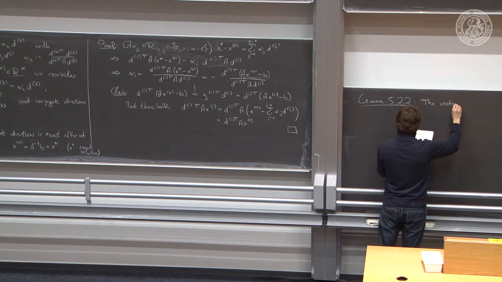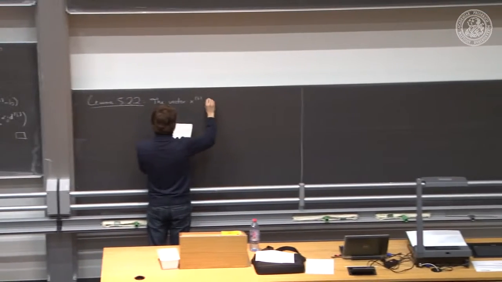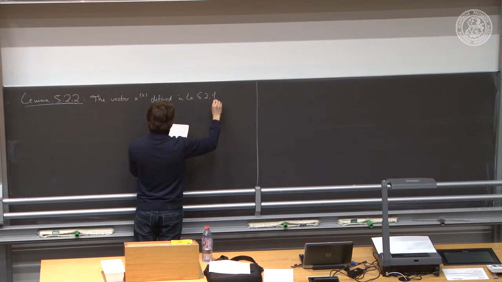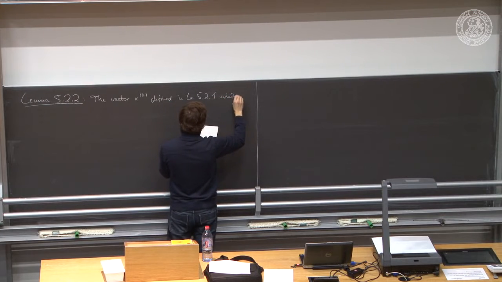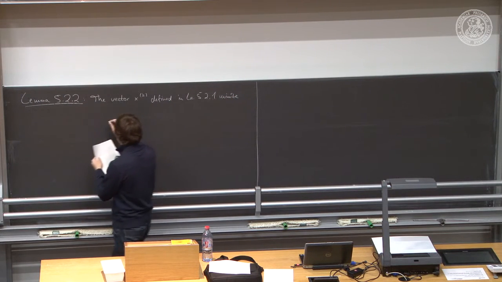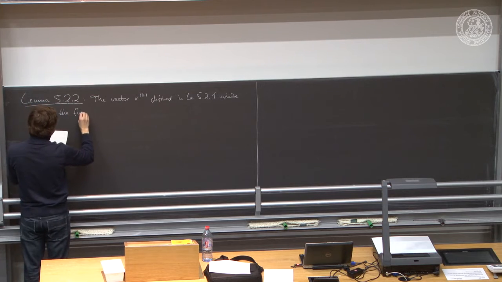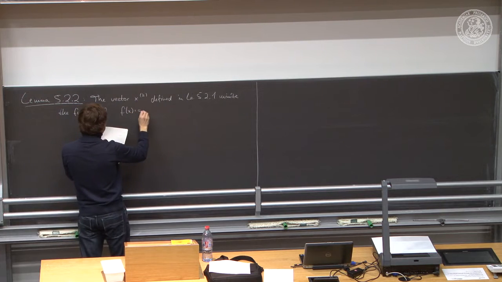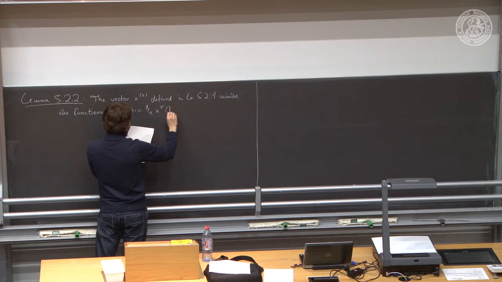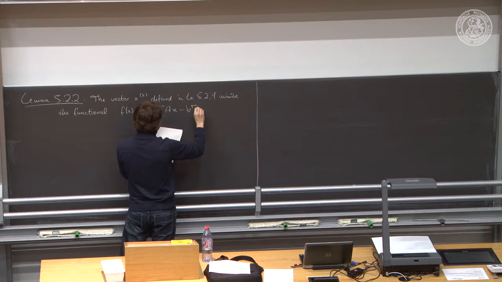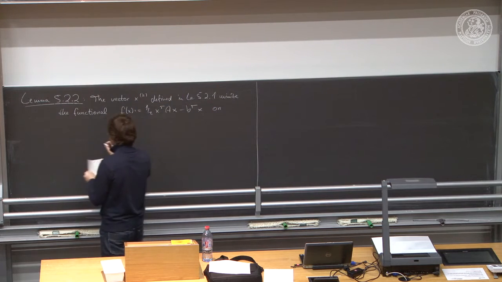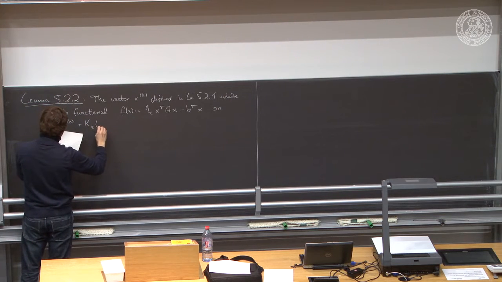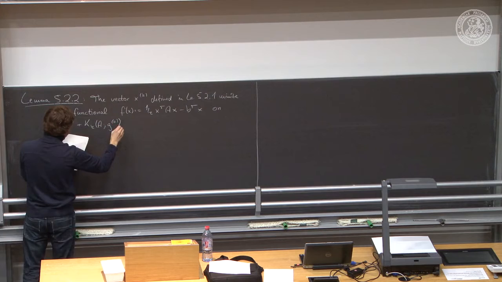So the vector x_k defined in lemma 5.2.1, this is nothing but the kth iterate of our conjugate method, minimizes the functional f(x) = 1/2 x transpose A x minus b transpose x on this affine subspace.